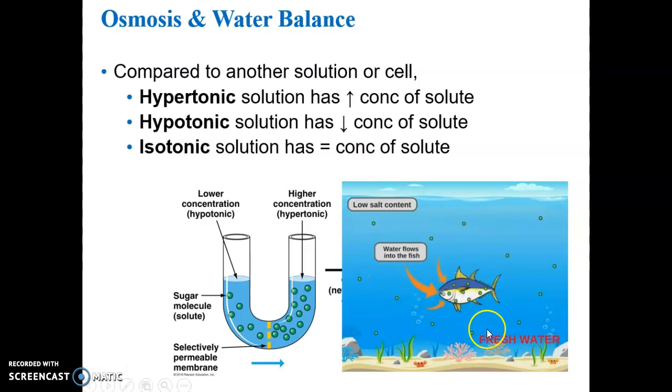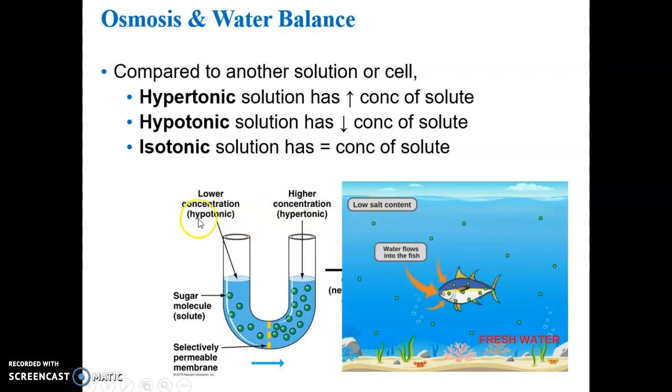So in this type of environment, in freshwater environments, organisms like fish that live in fresh water are always having to deal with water flowing into the fish's cells and tissues via osmosis. This is like the situation we have here on the left. This is the cells of the fish. The fish in fresh water is living in a situation with lower solute concentrations relative to the fish.